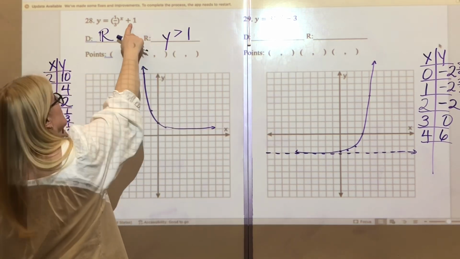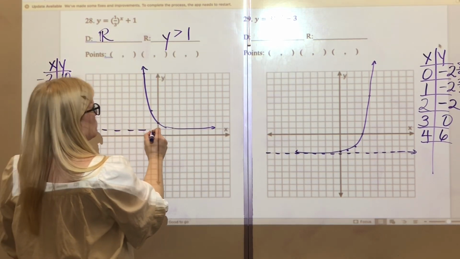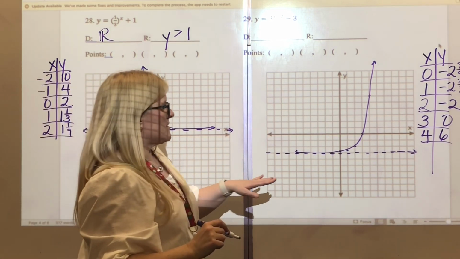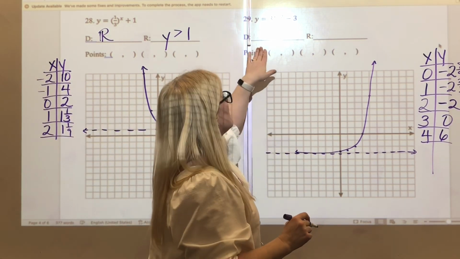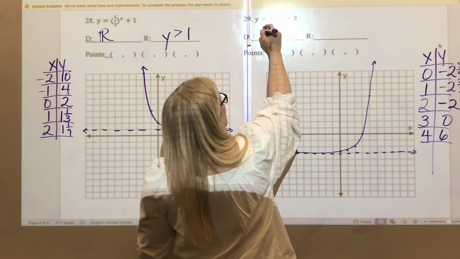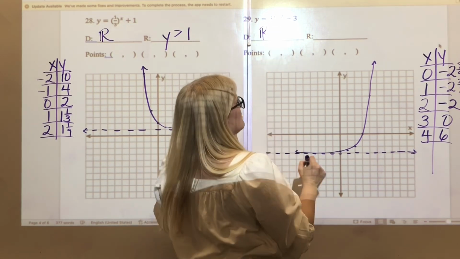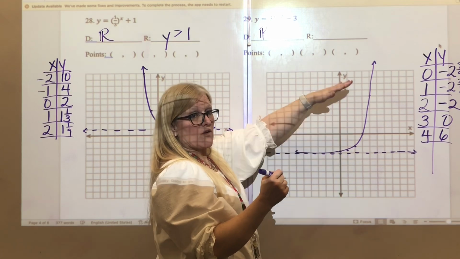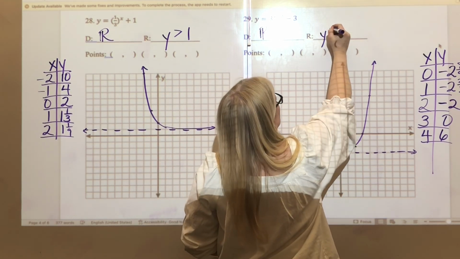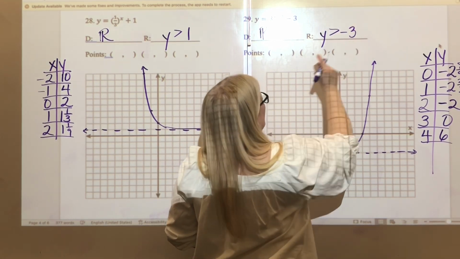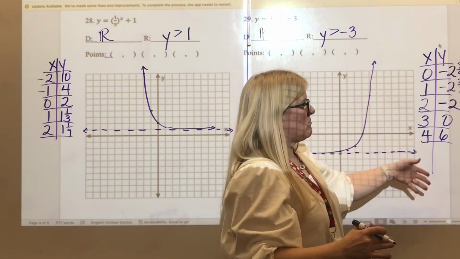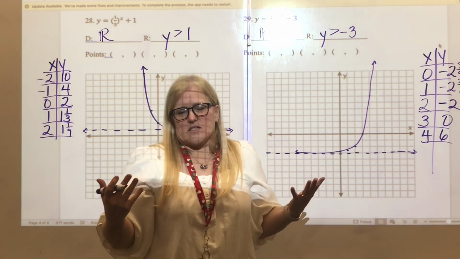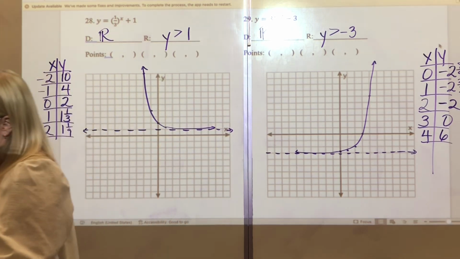Just like this one, here's my asymptote. All right, so my domain, all real numbers. My range, y is greater than negative 3. And again, points, you can put in whatever. I'll have a table there so I can see most of them, so that will work.